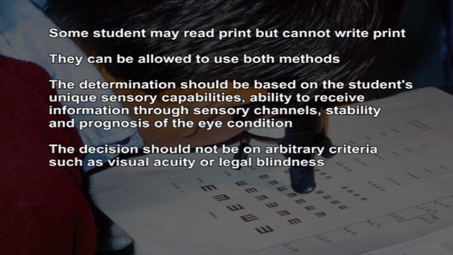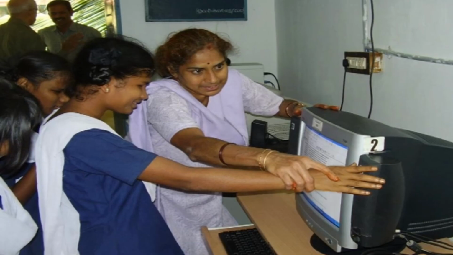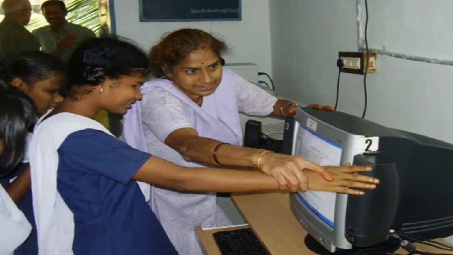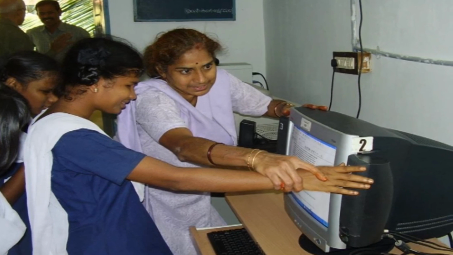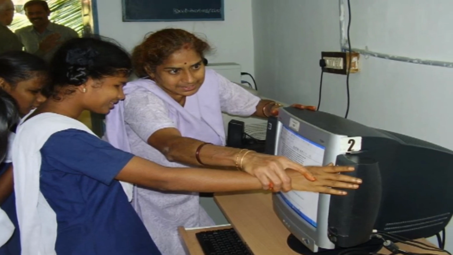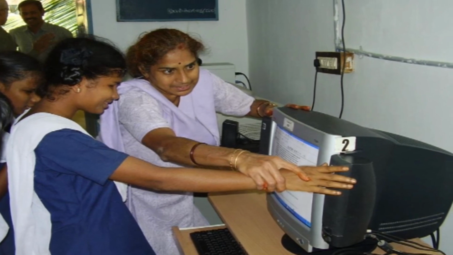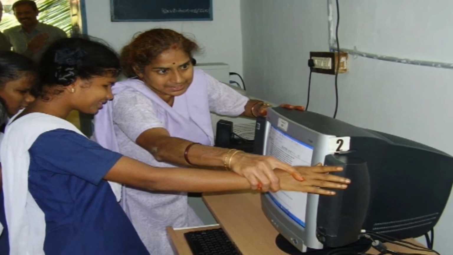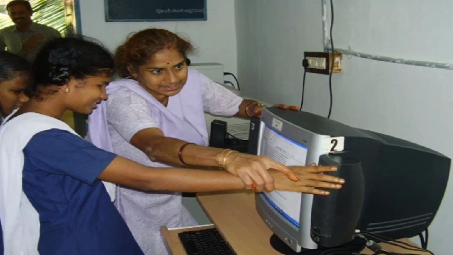The decision should not be on arbitrary criteria such as visual acuity or legal blindness. Each student with low vision should be assured that decisions regarding learning medium are based on sensory and overall visual functioning. The teacher who determines the medium should have professional training and professional judgment.